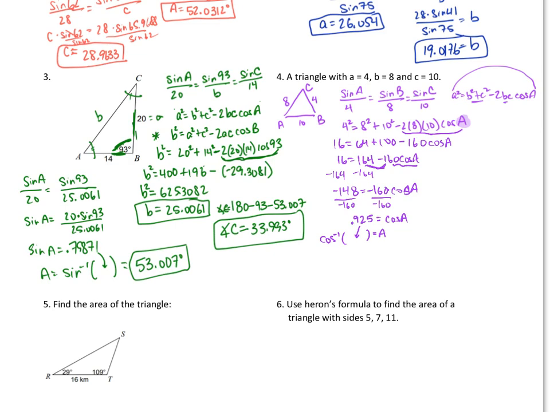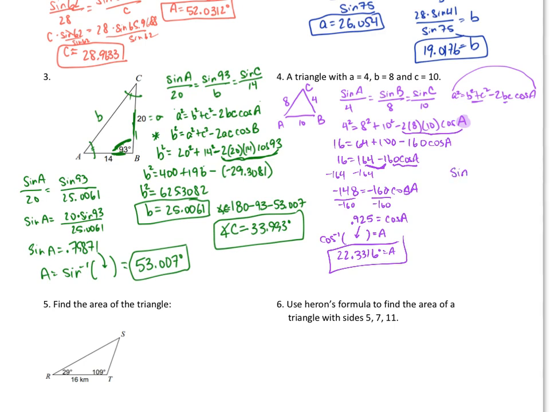So let's go ahead and put that in our calculators. The inverse cosine of 0.925 comes out to be 22.3316 degrees is what angle A is. So now that I have angle A, I don't want to use the law of cosines again. Let's put it back into the law of sines.